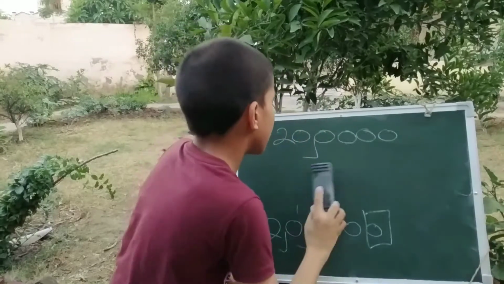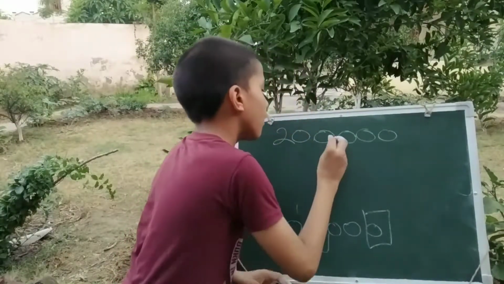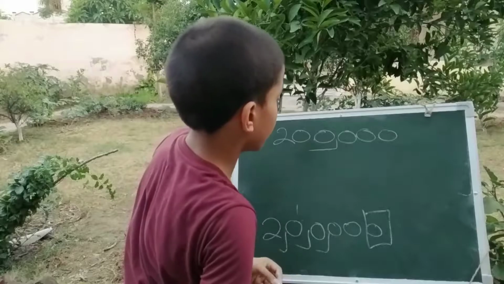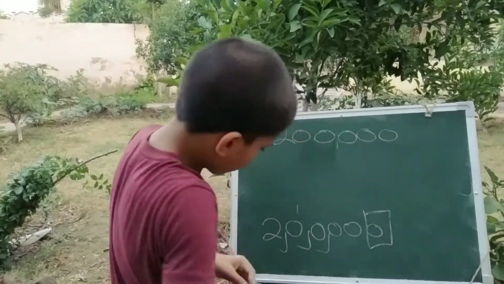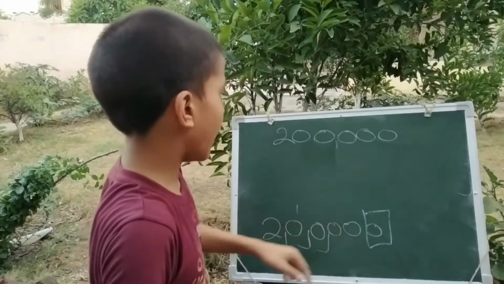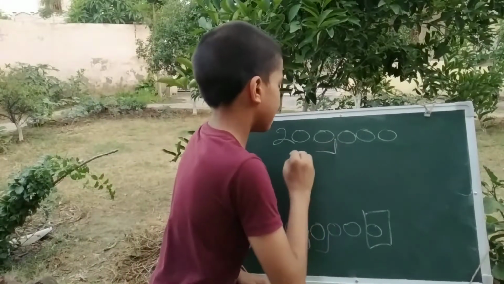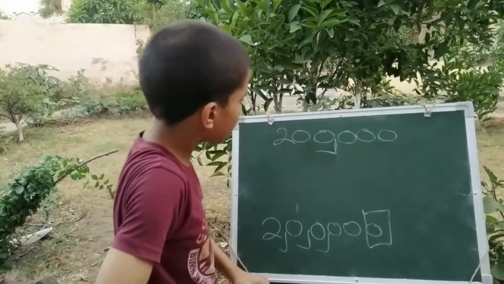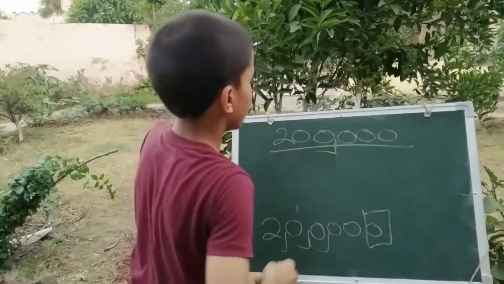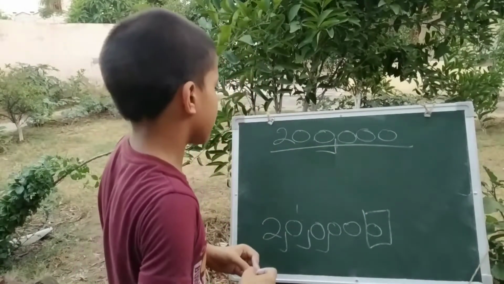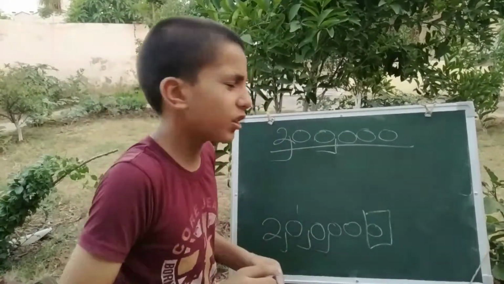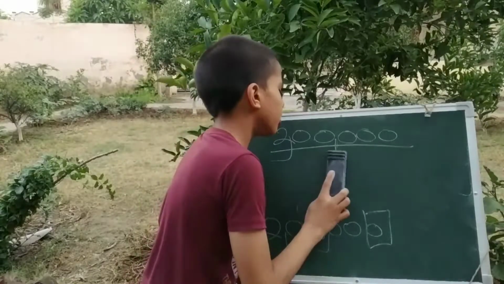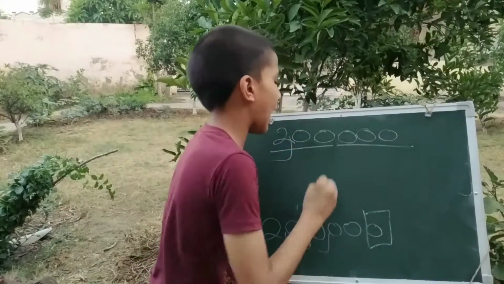Oh, wait a second. Oh, no. Fine, that's fine. Yes, it's right. So we said it's 200,000. Okay, so yeah, we say 2 lakhs. Okay, for the simplification, we say 2 lakh.